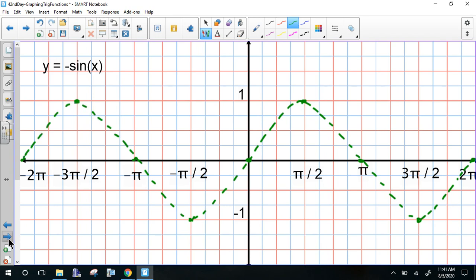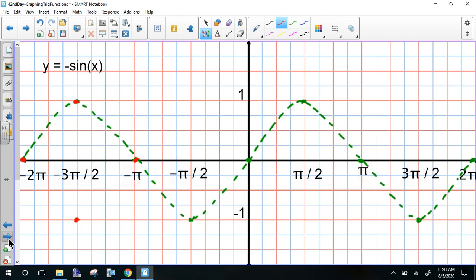So there's y equals sine of x. If we flip all the y values to where they went the same distance on the other side of the x-axis, in other words, we're flipping it. This is on the x-axis, it's going to stay. This one is going to come down here underneath.